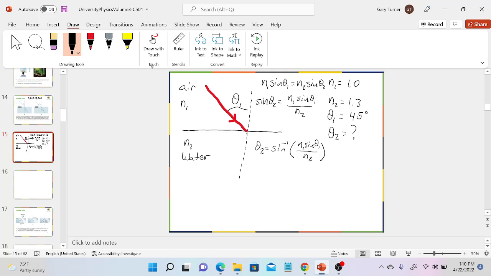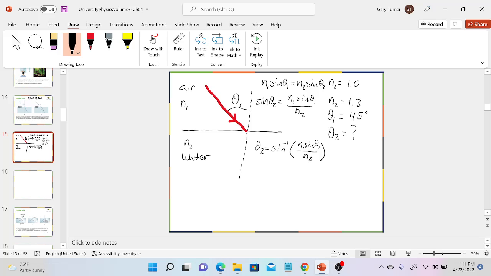I would encourage you to get in the habit of writing things down in this fashion because even though our N1 is going to drop out, it's just 1, so it just fades away, not every time will that happen. This is the general formula, and it's good to derive the general formula and then understand what factors you can ignore or what factors go to 1.